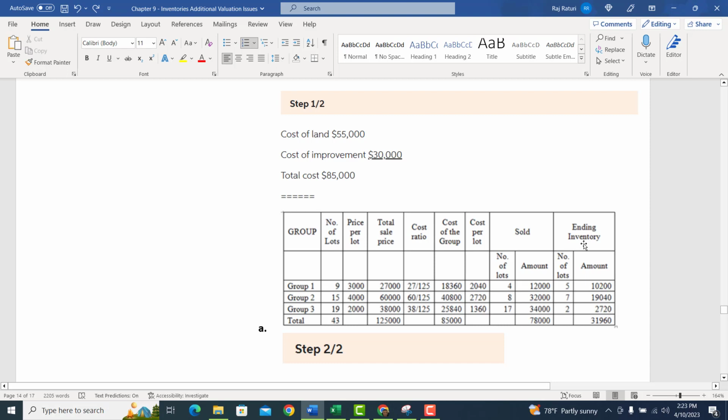It's a little bit different. We're looking at mainly units on hand. So we take the number of lots, again multiply by the cost per lot now to get the actual ending inventory.